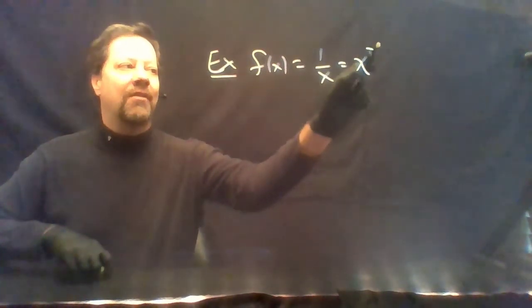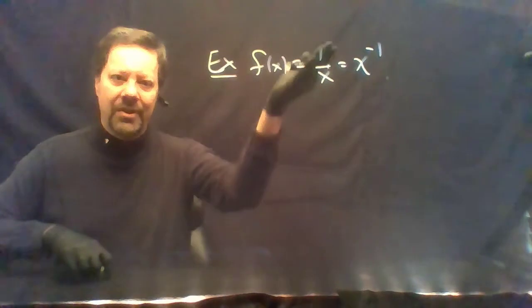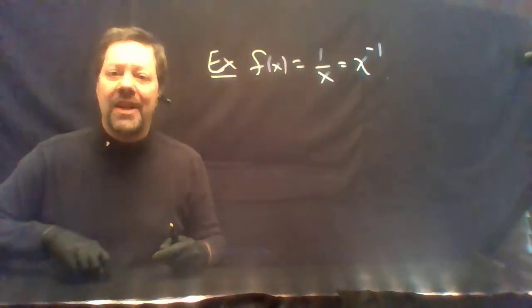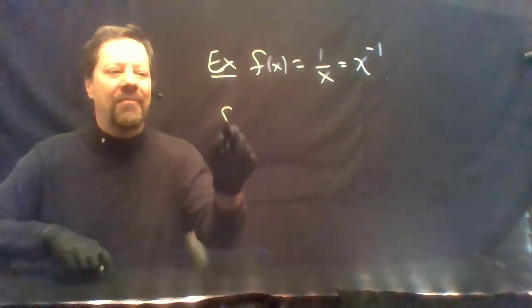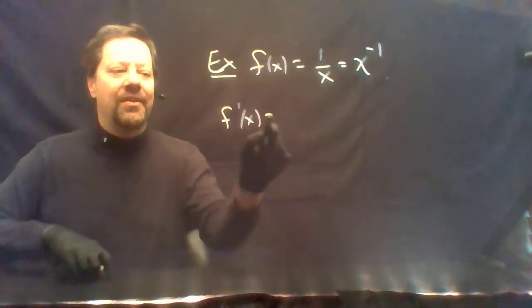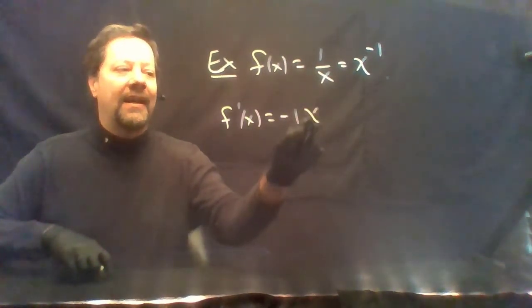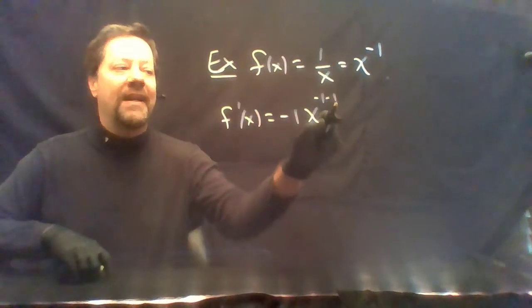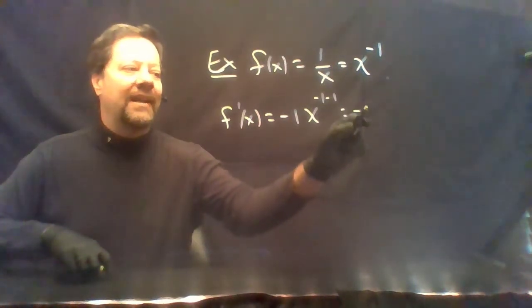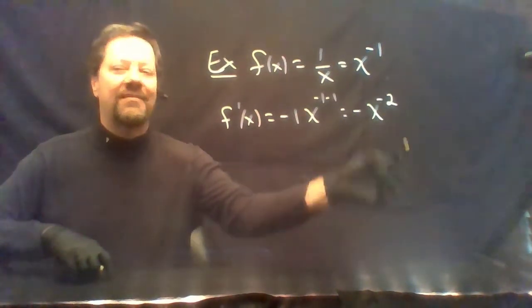I also want to look at the example of the function 1 over x, which I'll rewrite as x to the power minus 1. When you shove it across the division symbol, you change the sign of the exponent. In this case, the derivative then is negative 1 x to the negative 1 minus 1, or negative x to the minus 2.